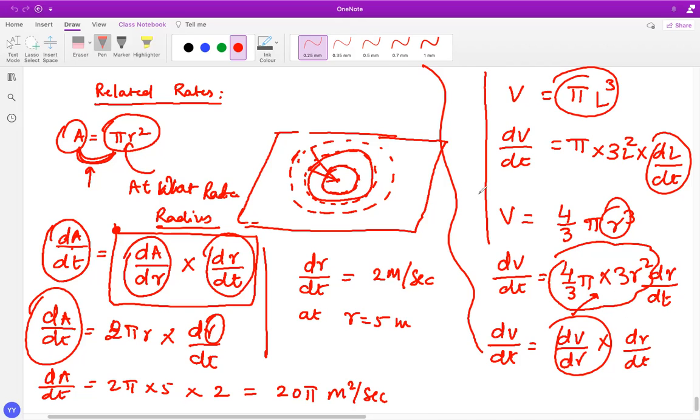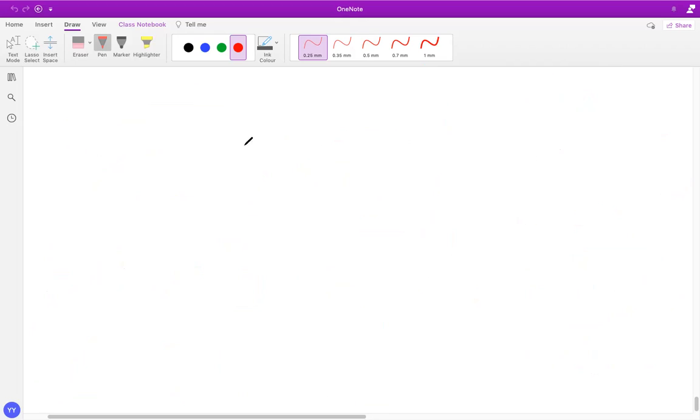So now if I collectively take a simple example, let's say you have a function y equals f of x. If you want to induce a related rate here, you just do dy by dt is f dash x times dx by dt. So there is nothing to get confused with.